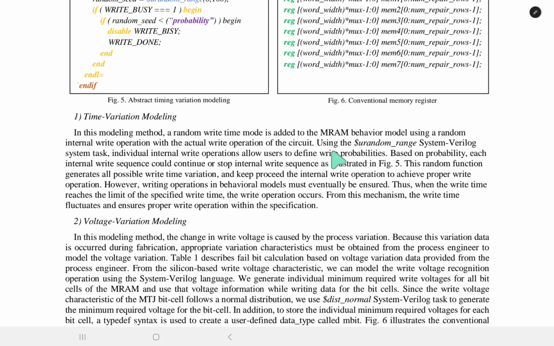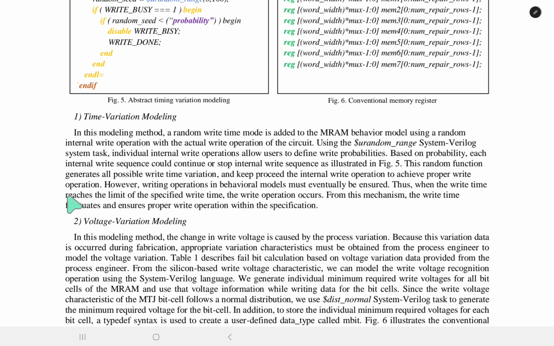Using the urandom_range SystemVerilog system task, individual internal write operations allow users to define the write probabilities. Based on the probabilities, each internal write sequence could continue or stop, as illustrated in Figure 5.